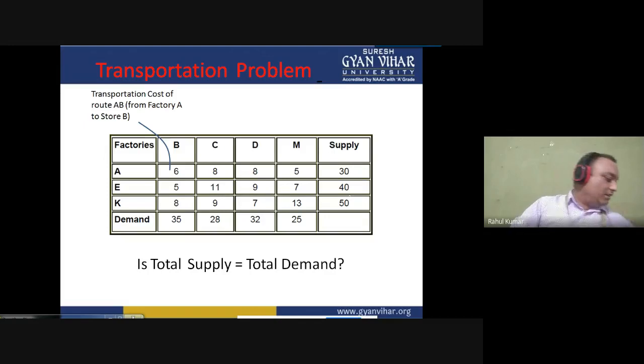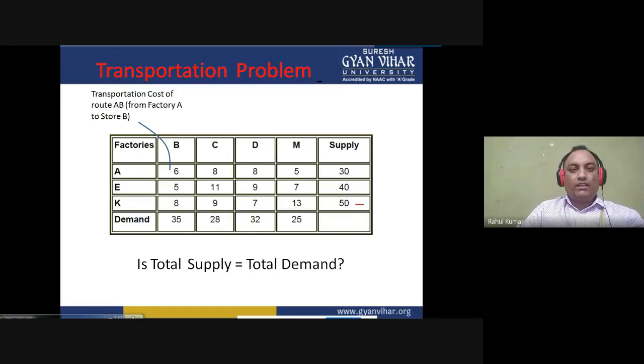So here the total supply is 30 plus 40 plus 50, which is equal to 120.